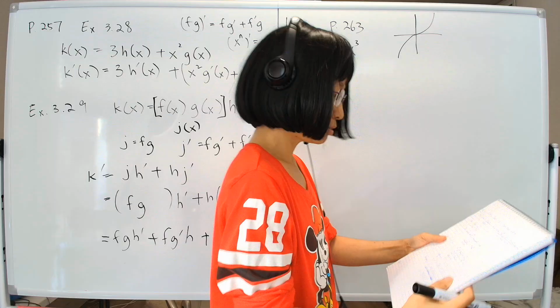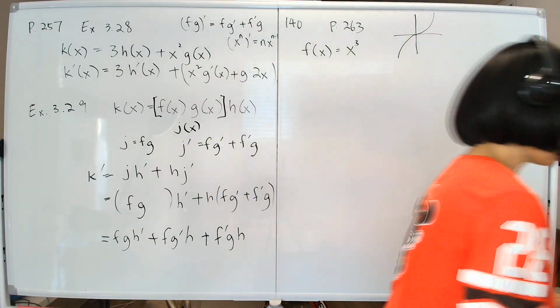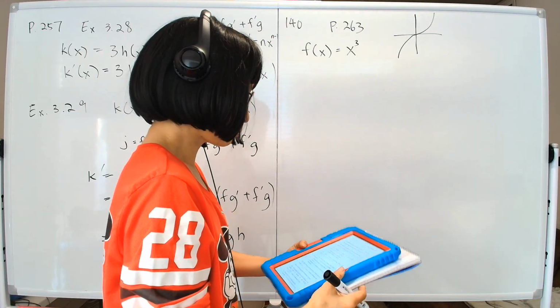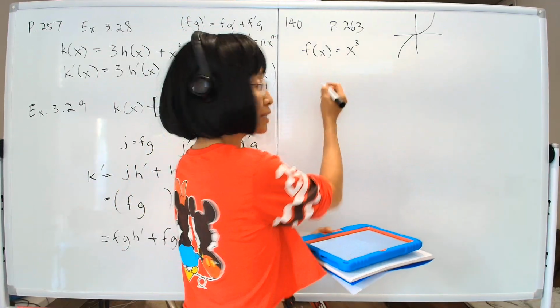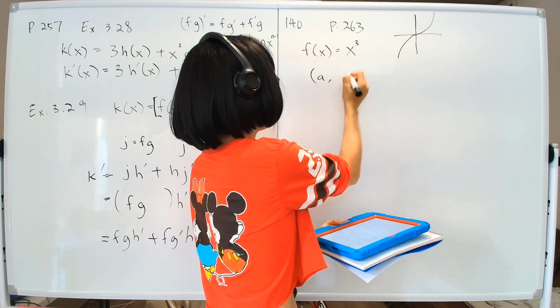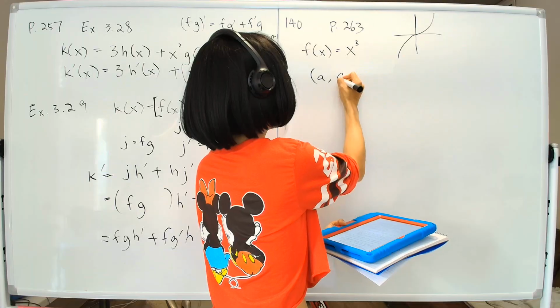So then what does this problem want? It wants to know at which point the tangent is going to have an x-intercept of 6. So at a certain point, let's call it a. If x is a, then the other coordinate will be a to the power 3.